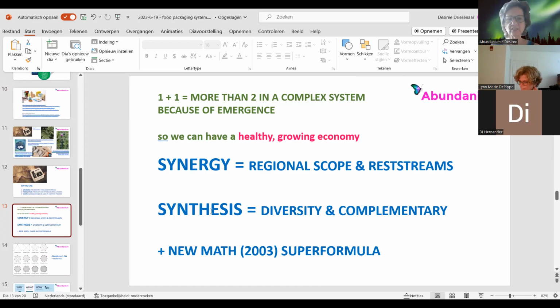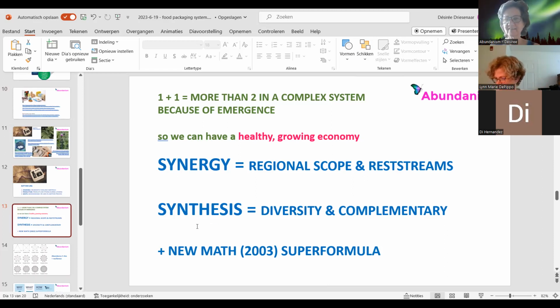If you look at synergy and synthesis, that's where you get the growth in the system from. So if you have a regional scope and you are really using each other's rest streams in the scope, you can have an industrial estate that is just self-sufficient and has a lot of growth and a lot of products.